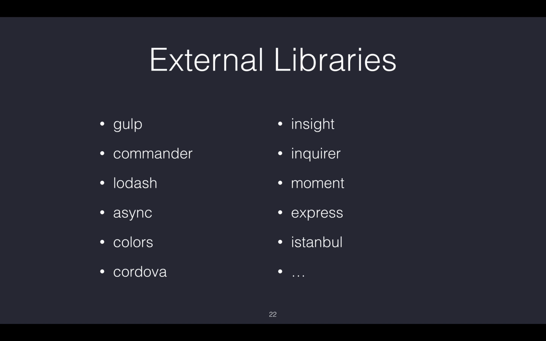There are also many external libraries that are really useful. For example, we use Gulp a lot for tools like running test scripts and so on. There is another library that we use at GH, async, that we can use for running parallel scripts or anything else like that.